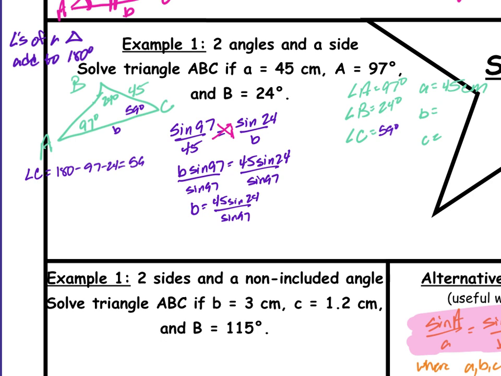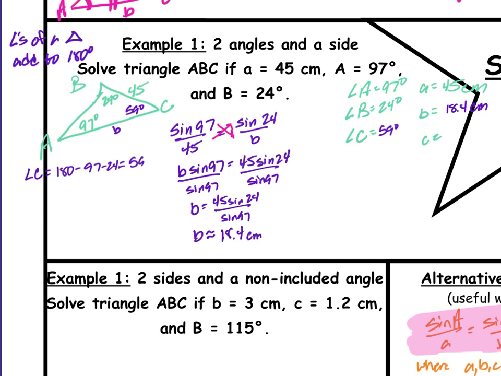Then I do 45 sine of 24, parenthesis, divided by sine of 97. It doesn't say to round, so B is approximately 18.4. We're going to go to 1 decimal place: 18.4 centimeters.